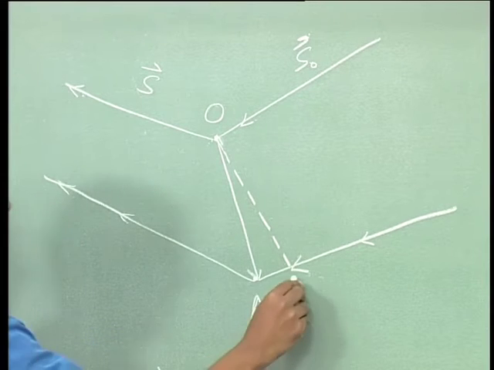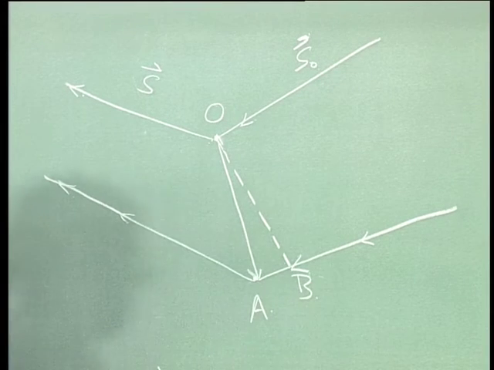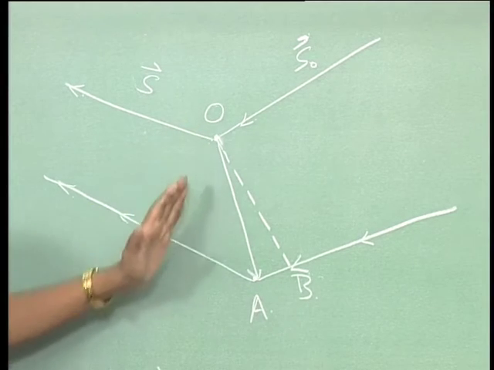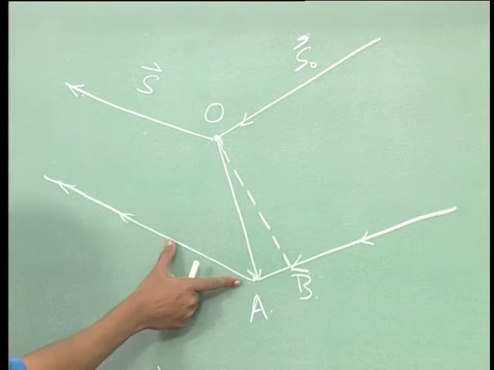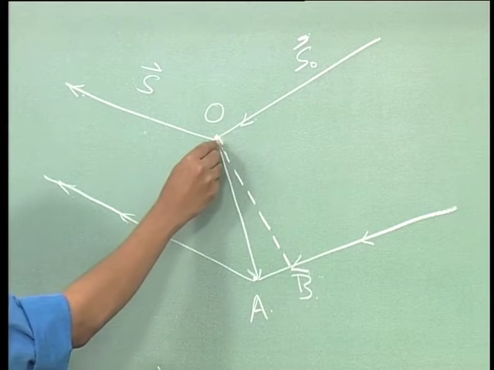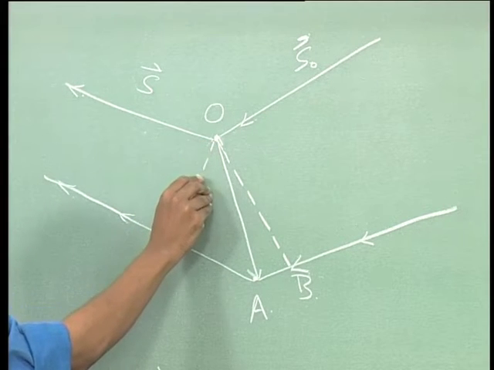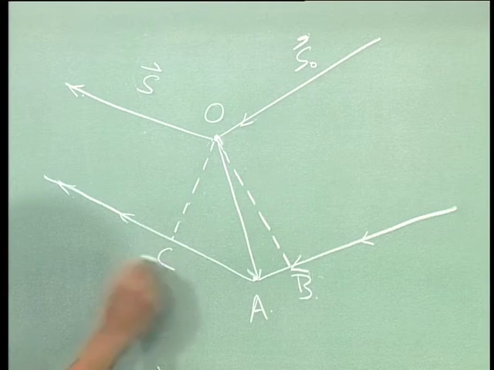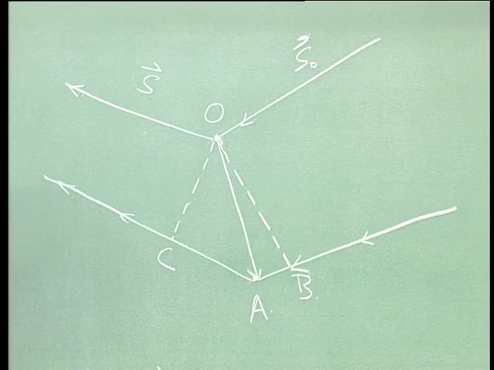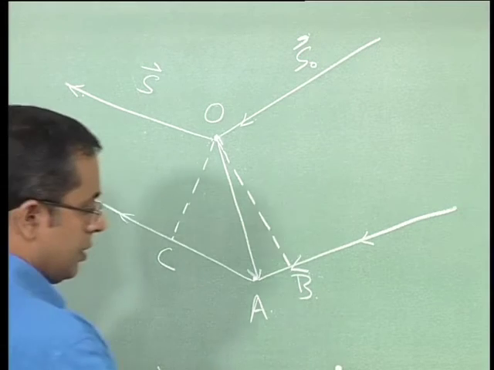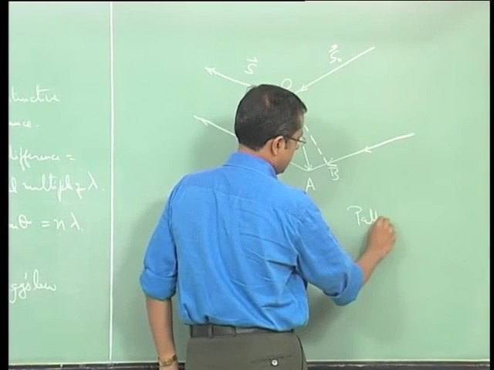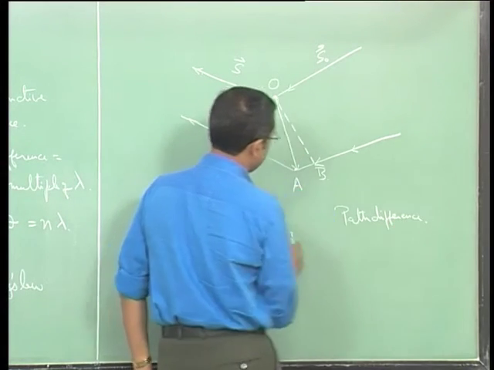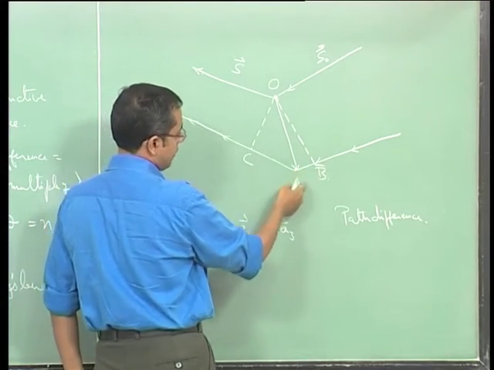I will call this B. That is the additional distance this wave has travelled. Similarly here we have to draw a perpendicular and that will be the additional distance travelled by this wave. So we will do that. A, B, C. So now the path difference is, since we are looking at it vectorially, we will make sure that we are using the correct directions.